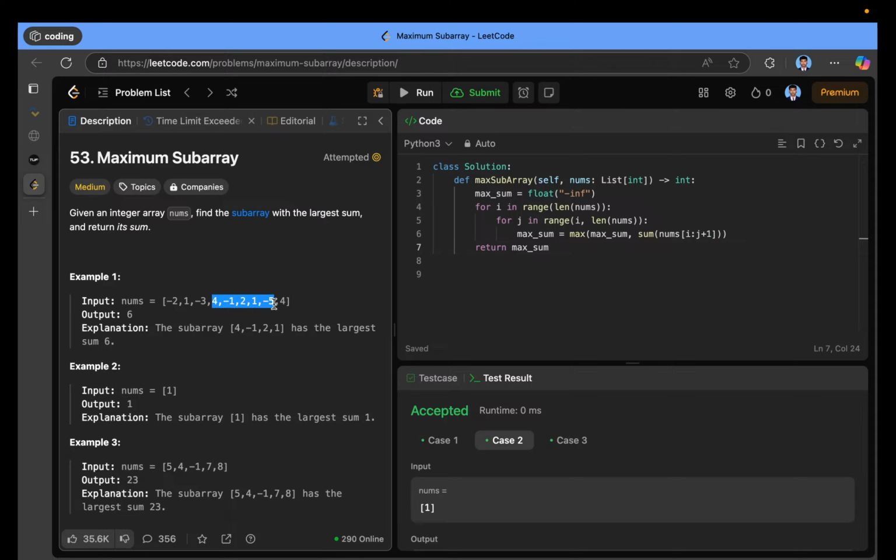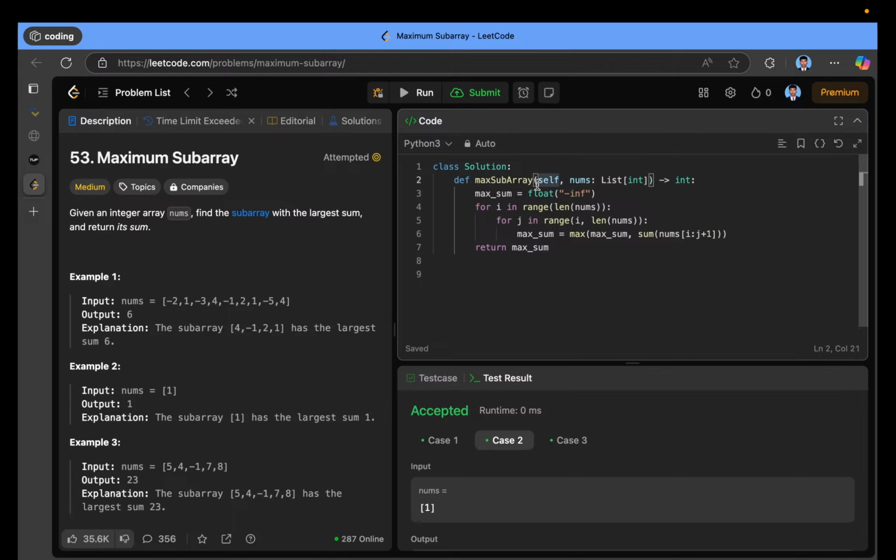And now it's 1, and 1 is still positive. So let's take this, and 4 means 5. So in this whole time, we got the greatest sum, that will be 4, -1, 2, 1. 4, 5, 6, 7, -1, 6. The answer should be 6, and it is 6. Oh, I got it. Let's do it.